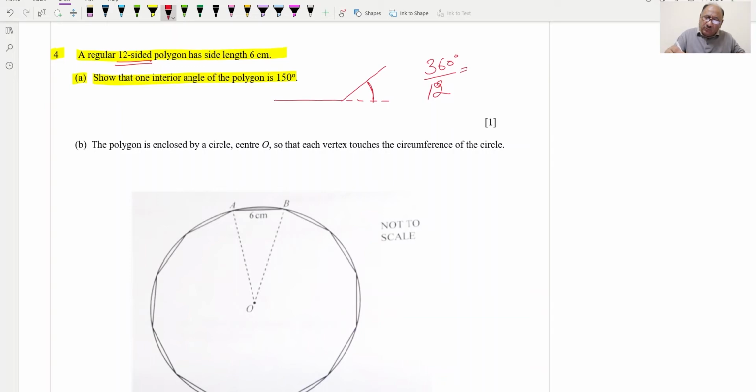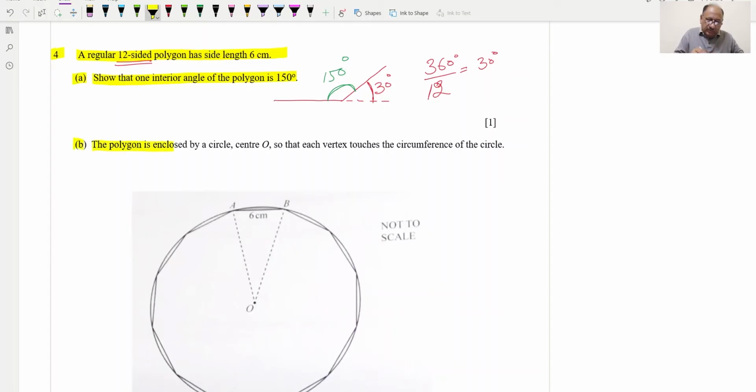So we will calculate the exterior angle, and the exterior angle will be 30 degrees, and we will sketch the exterior angle which is 30 degrees. Now we can figure out the interior angle, which is this one, which we can say is 150 degrees. So this is basically one part of the question which we have done.